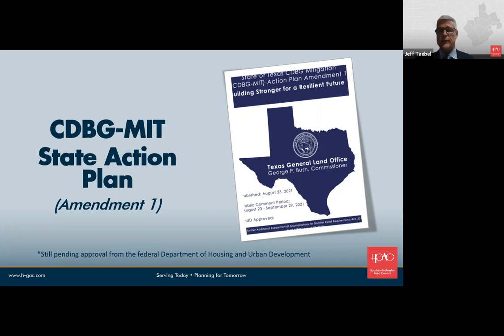And I need to note that this amendment that we're working under the guidelines of is still pending approval from the Federal Department of Housing and Urban Development. Andrea on my staff has just sent you all links.